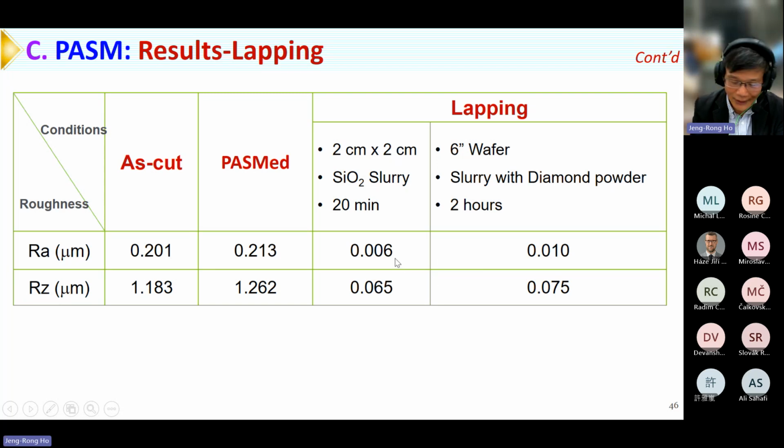But at least we can prove that after surface modification, it's very easy to get the surface roughness down, and also remove micro cracks for the next stage CMP process.